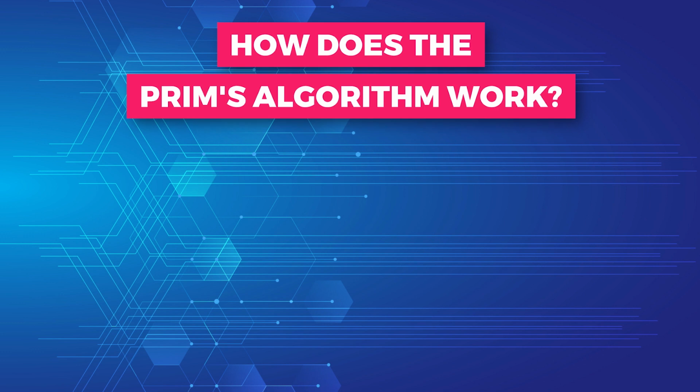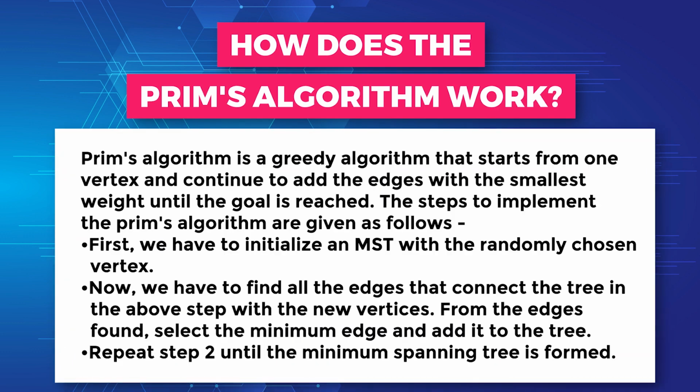Prim's algorithm is a greedy algorithm that starts from one vertex and continues to add the edges with the smallest weight until the goal is reached. The steps to implement Prim's algorithm are as follows: first, initialize a minimum spanning tree with a randomly chosen vertex.